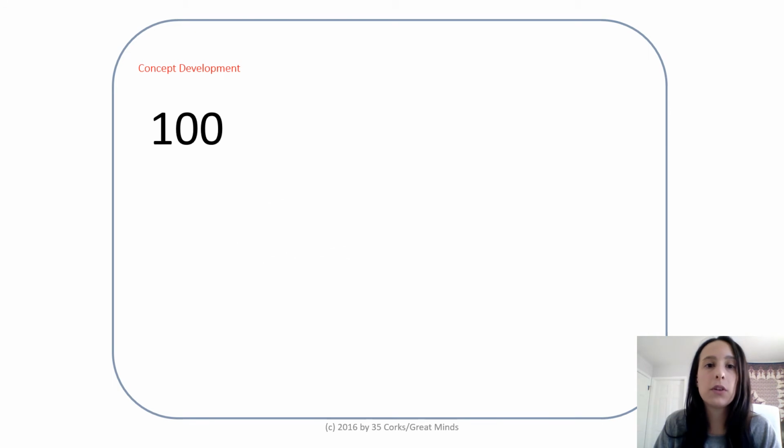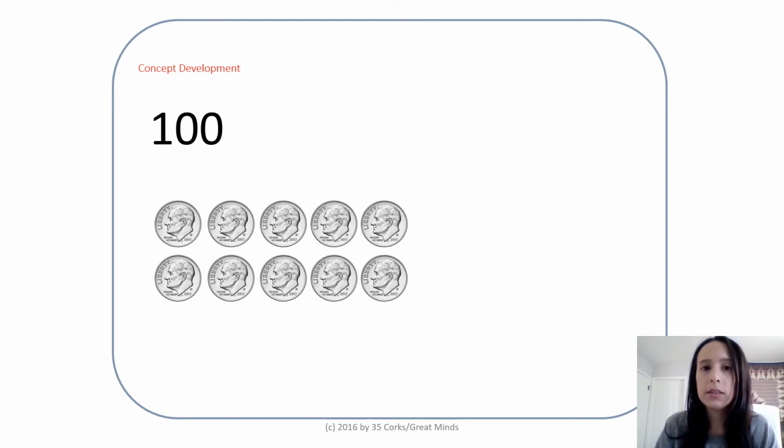All right, now we're moving on to a bigger number. How many tens are in 100? There are 10 tens in the number 100. We're going to show, using dimes, 100 cents. How many dimes are we going to need? 10.